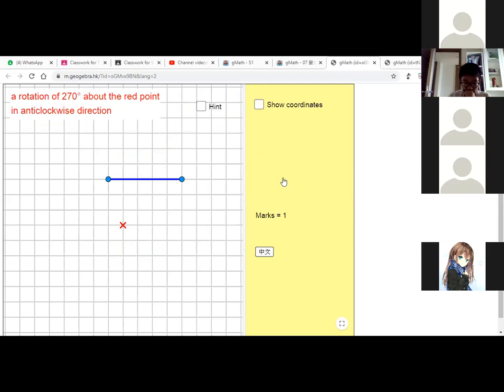Rotation of 270 degrees in an anti-clockwise direction means it is clockwise by 90 degrees. So when I drag this point to here, you should expect to see a right angle here.